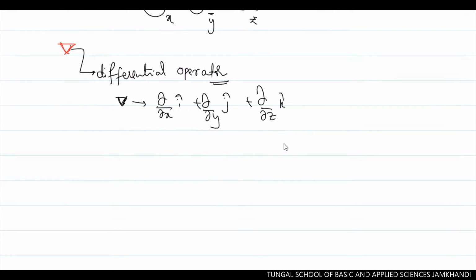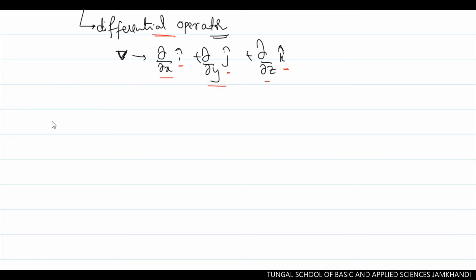This del is a differential operator, but it's in vector form because i, j, k are there. It has magnitude and directions. That's why I define this del as a differential operator as a vector.